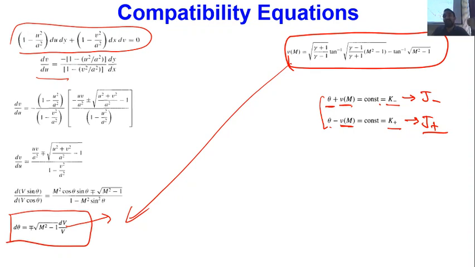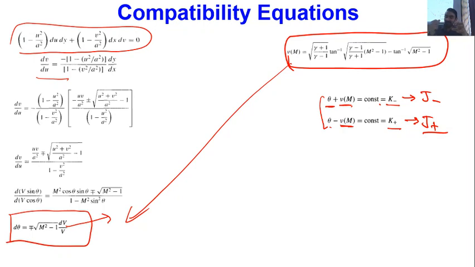Now this can be applied for many problems of supersonic flow in our compressible flow analysis, and it can even be applied for hypersonic flows, because we are initially considering the non-linear form of the equation. So if we are considering the non-linear form, all the non-linearities in our physical domain are accounted for.